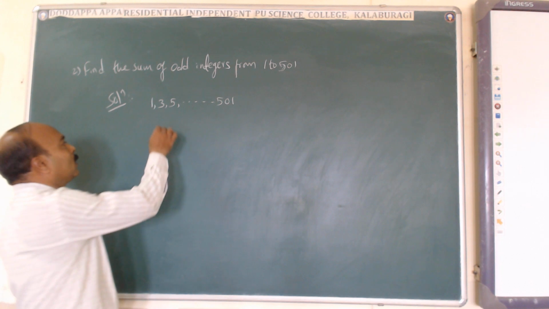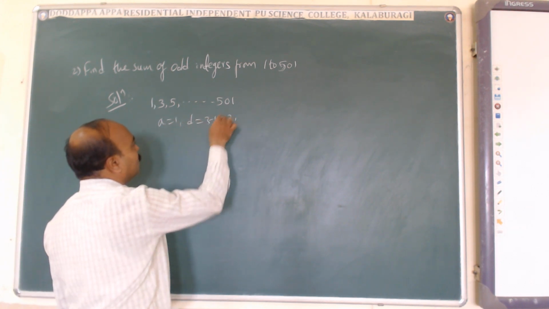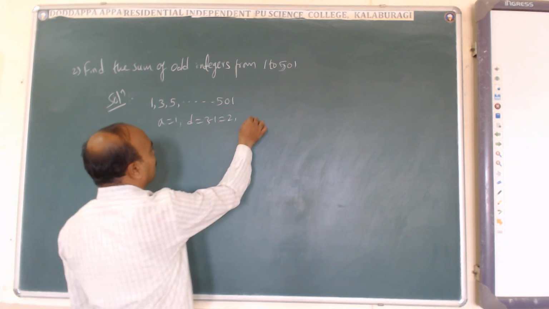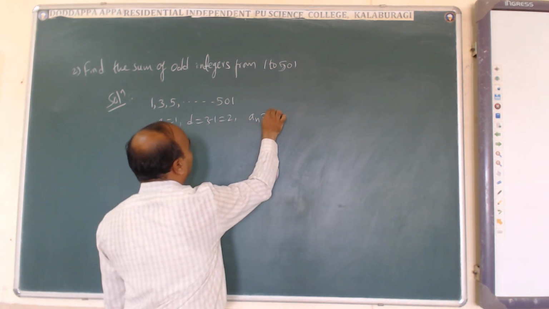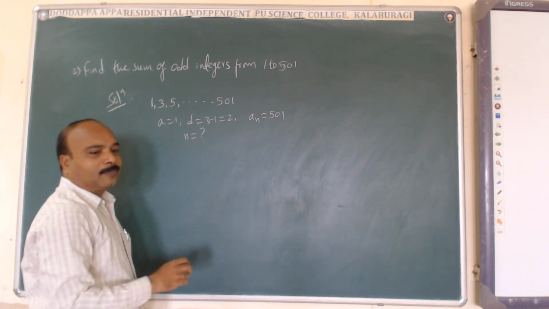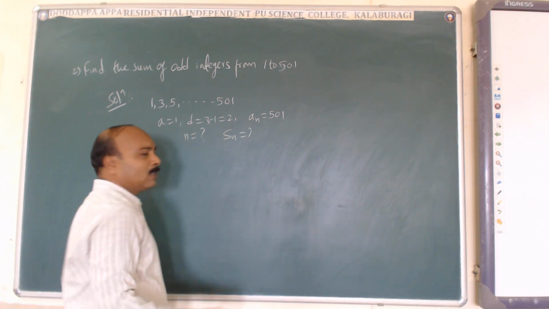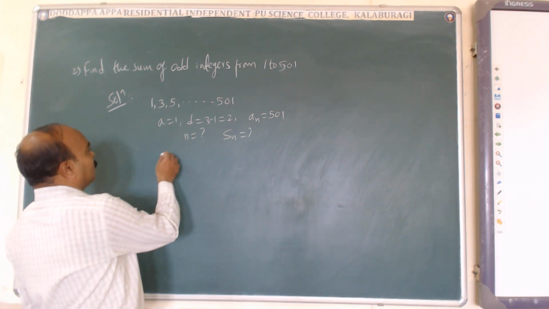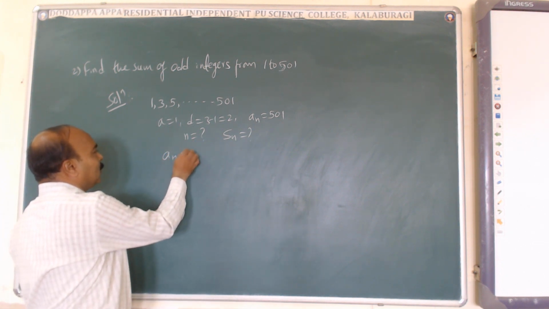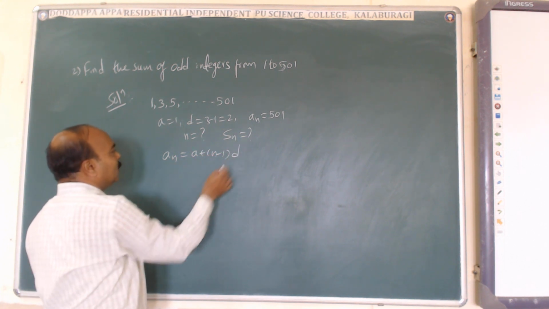Now we take a equal to 1, d equal to 3 minus 1, it is 2, and the last term an is given as 501. Here also we first calculate the value of n, and after that we go for Sn, the sum of all integers. First we find the n value by using the formula an equal to a plus n minus 1 into d.